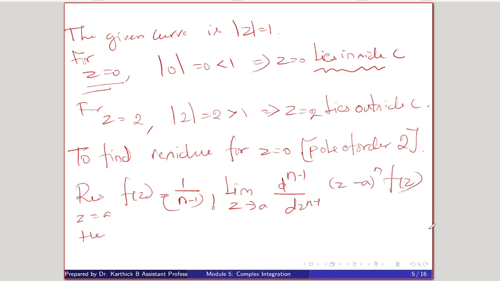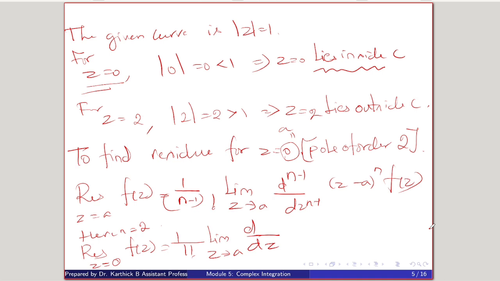Here the n value will be 2, and the a value will be 0, because z equal to 0. So the residue at z equal to 0 of f of z equals 1 by 1 factorial limit z tends to 0 of d by dz of z minus 0 whole square f of z.